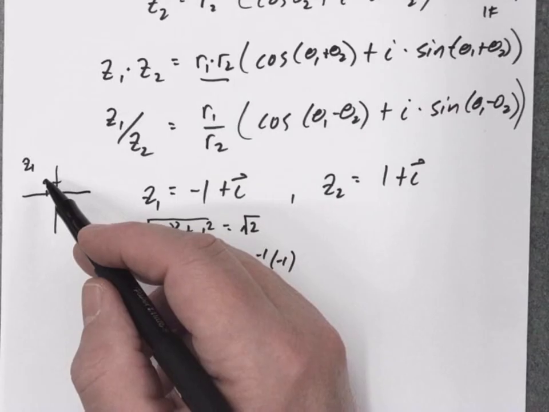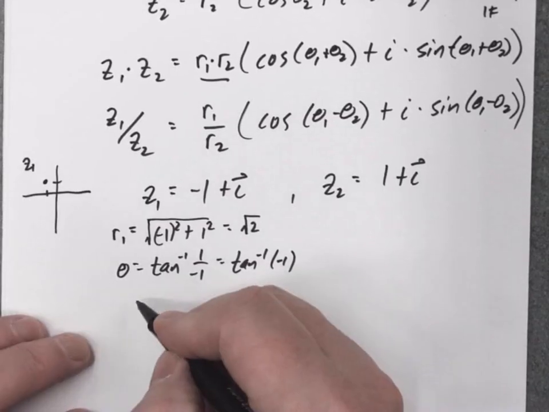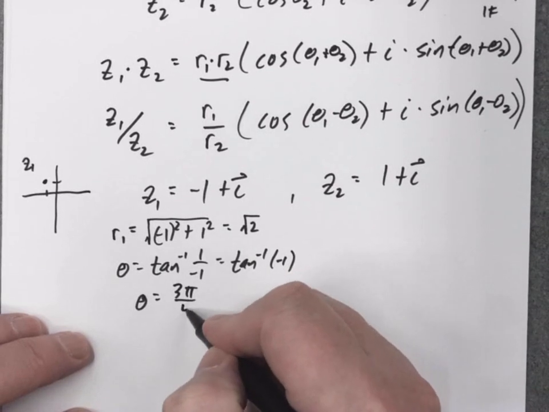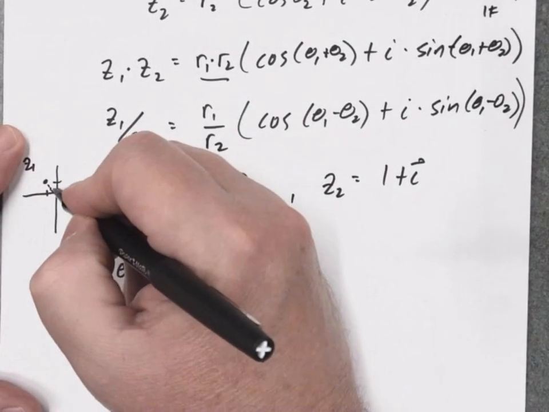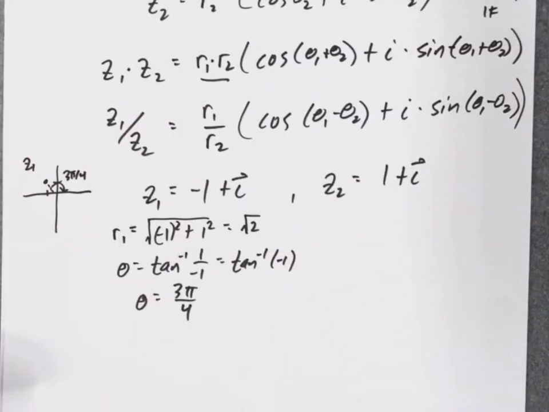My complex number is here in quadrant 2. So I know that the cosine is negative, the sine is positive, and where are they the same? They're the same at pi over 4. Sorry. It's in quadrant 2. 3 pi over 4, right? This angle right here, 3 pi over 4. Hopefully at this point, it's almost like a common sense thing that you know the angle is 3 pi over 4.